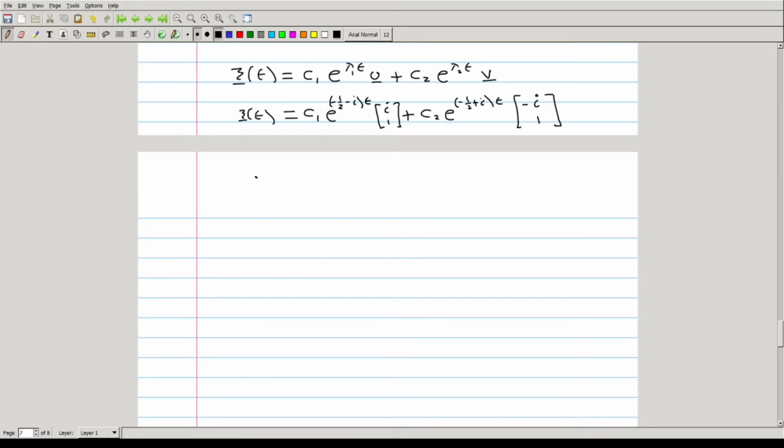The first is phi1 of t is equal to e to the negative 1/2 minus i times t times the vector 0, 1 plus i times 1, 0.